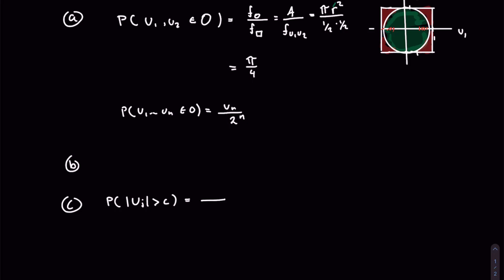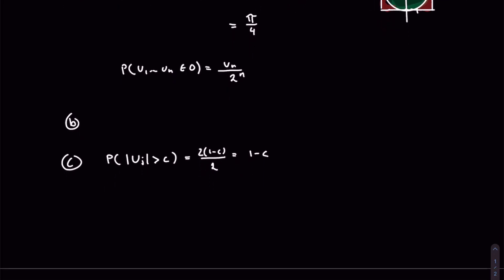So in the one-dimensional case, this is just 2, and we're looking at where c is lying, and this can be viewed as 1 minus c, 2 times. So this probability for any one u is 1 minus c.